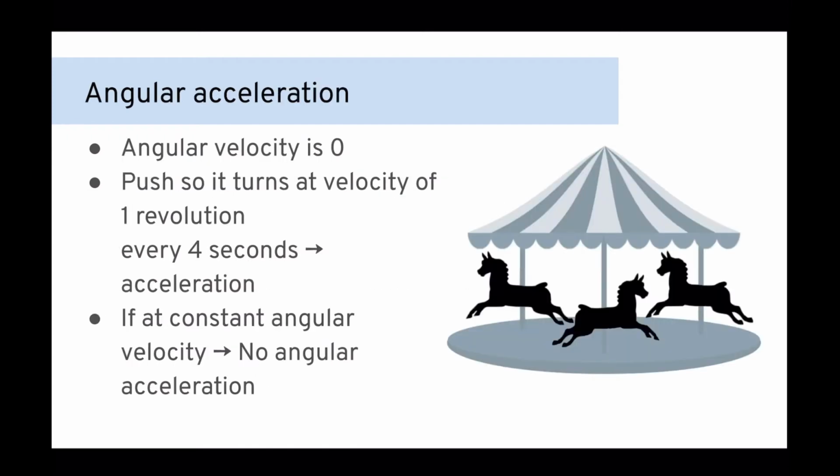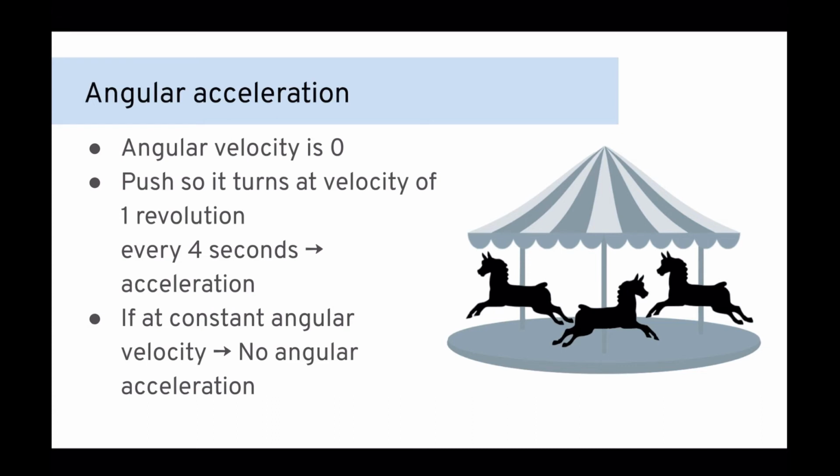What is angular acceleration? Well, if there was a stationary merry-go-round, it wouldn't be rotating. So the angular velocity is 0. However, if you start pushing on it so that it turns at a velocity of 1 revolution every 4 seconds, it has accelerated to this non-zero angular velocity.